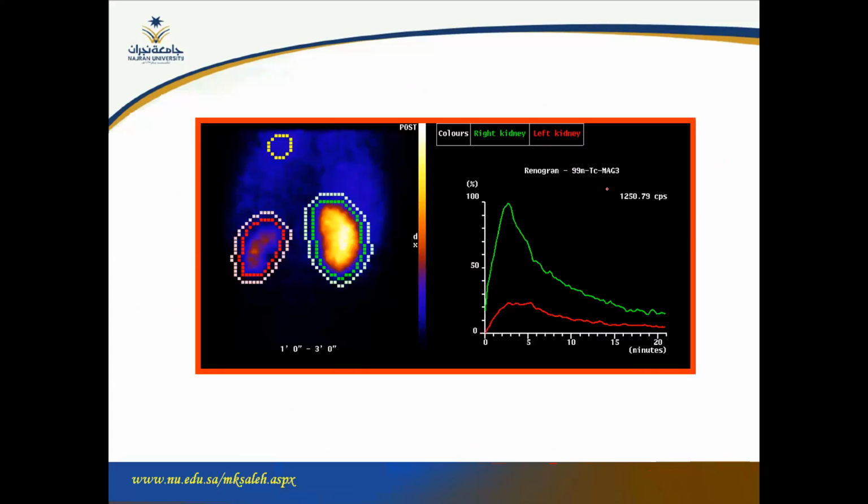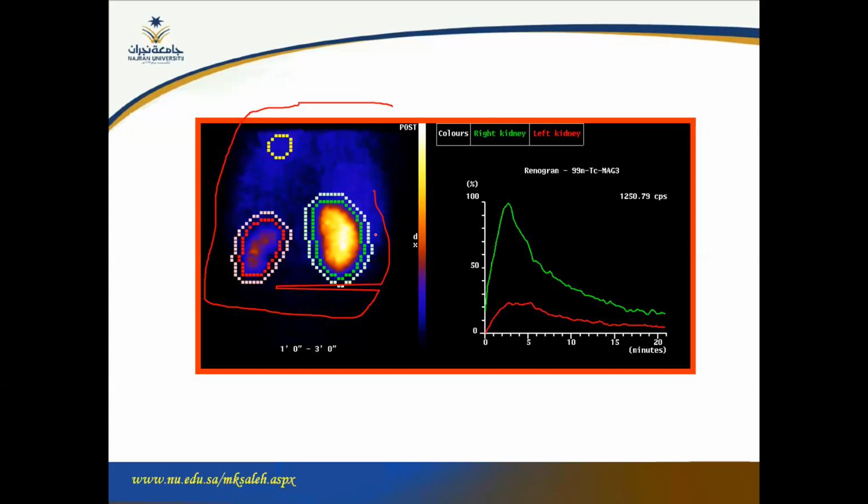What does the image we want to obtain look like? Don't imagine that we get an image like an X-ray or an MRI, like you saw previously. The image will look like this. Okay.